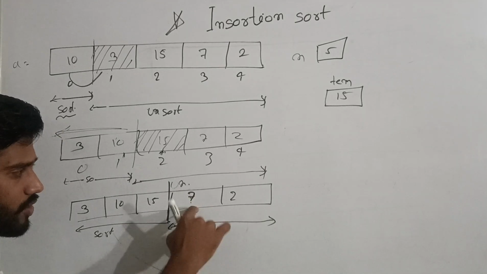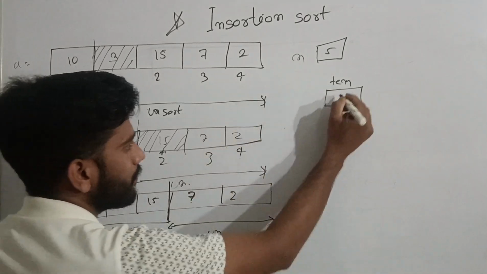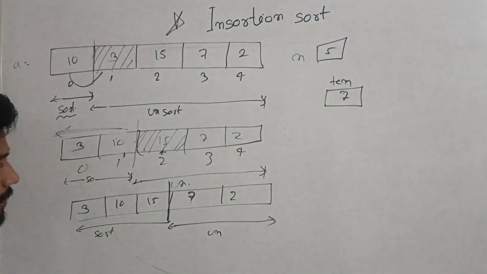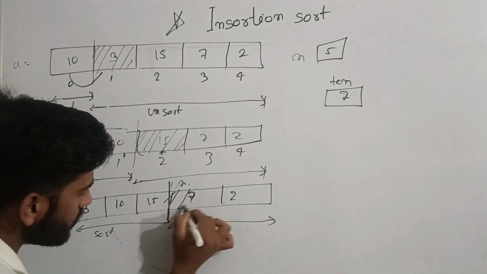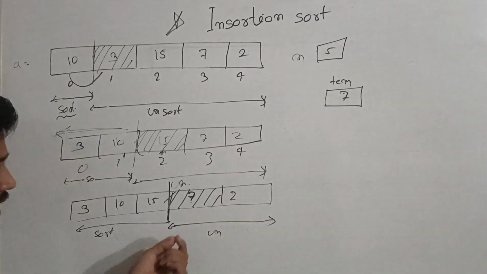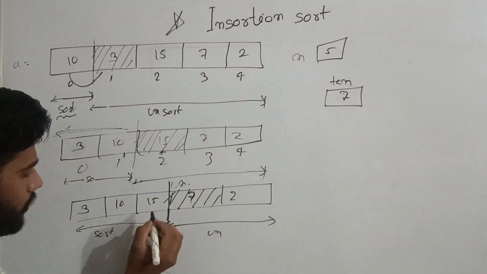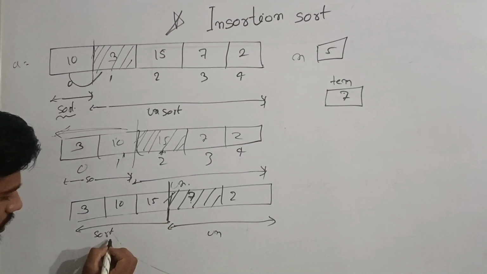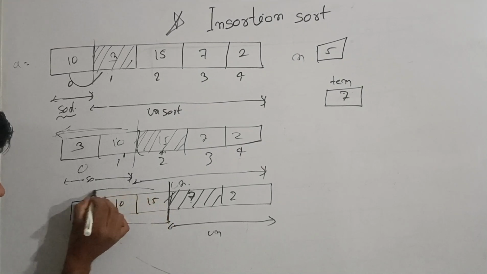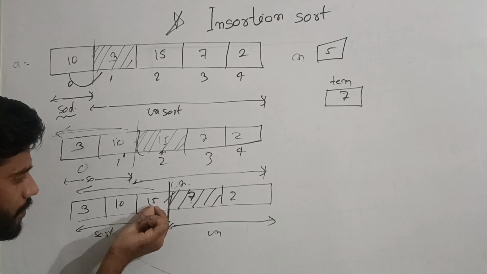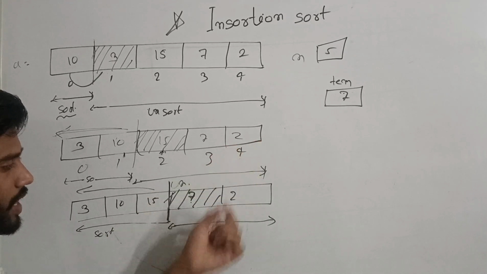From the unsorted data, copy 7 into temp, and consider its place a hole. Now compare temp with the sorted data. Here 15 is greater than the temp variable.